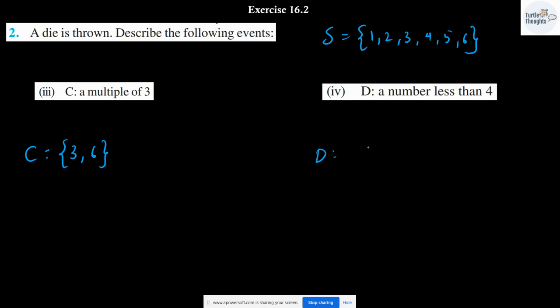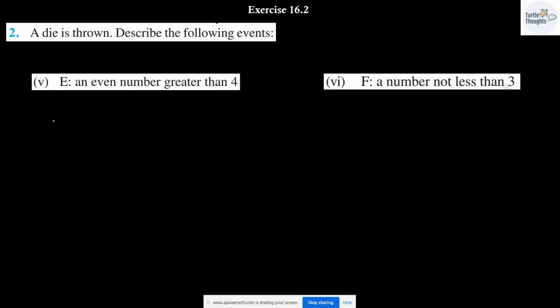What are the numbers which are less than 4? From the sample space, it is 1, 2, and 3. E is an event of a number which is greater than 4. If it is greater than 4, then I can write 5 and 6.